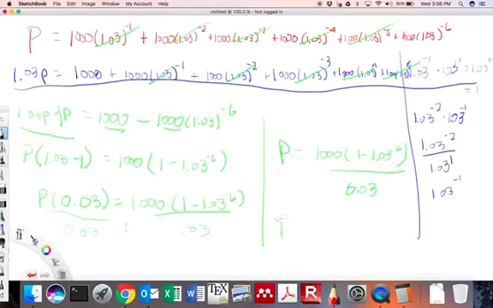And in general, we have P equals, and now let's go to the book because I want it to be consistent with the lettering they use.